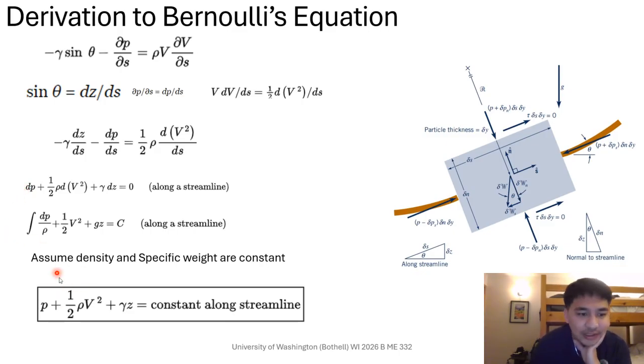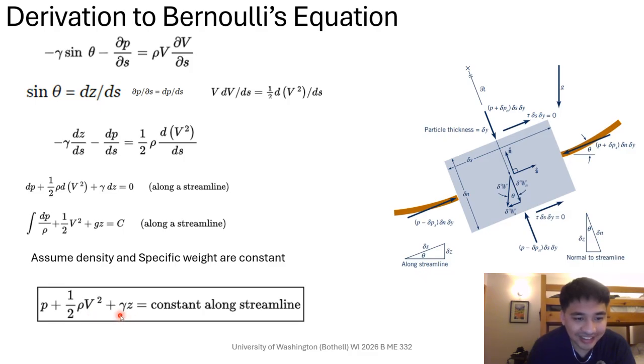And here I was reading in the textbook that integrating this pressure term right here is a little difficult because your density is always changing. So you have to assume density and specific weights are constant. Okay, so if you integrate and have the rest of these terms, you have your pressure plus your 1/2 rho v squared plus gamma z.